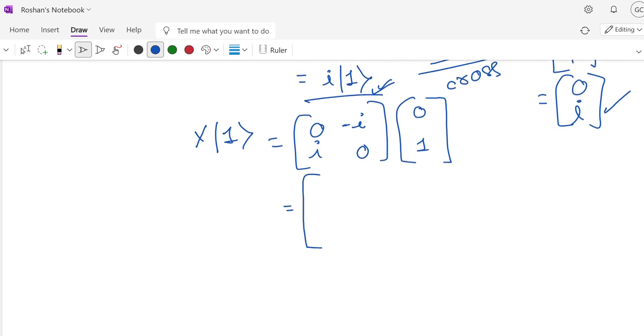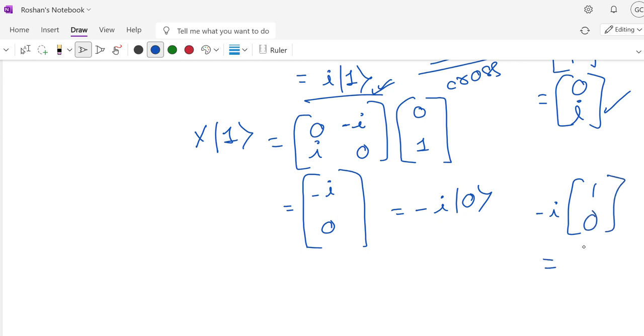Again, the same mathematics applies here. 0 into anything is 0, minus i into 1 is minus i, 0 into anything is 0. Now, how can we represent this? Simple. Take the minus i outside and write it as 0, 1. You can verify it. Minus i, you know how to write the 1 state: 0, 1. So it will be minus i|1>.